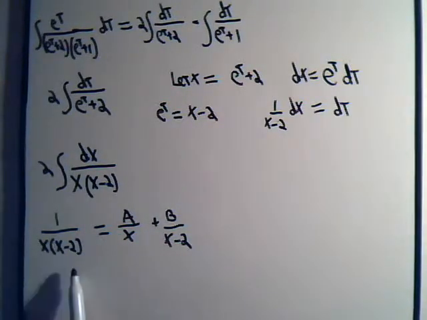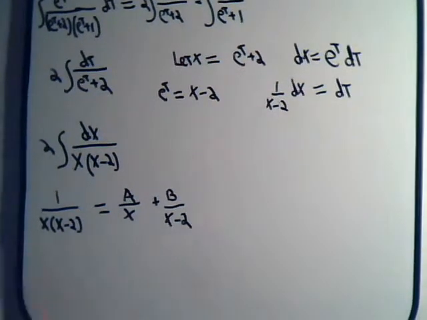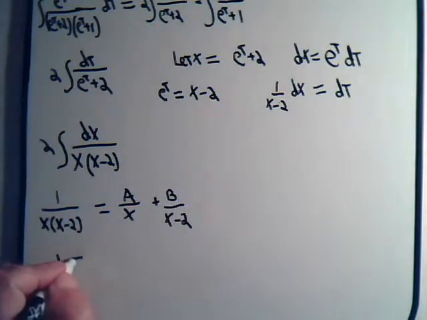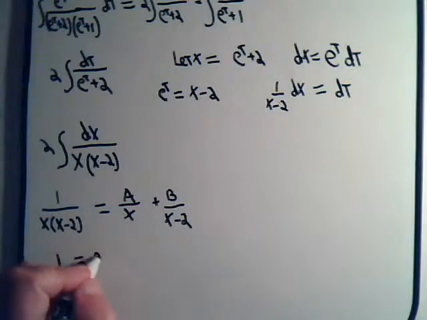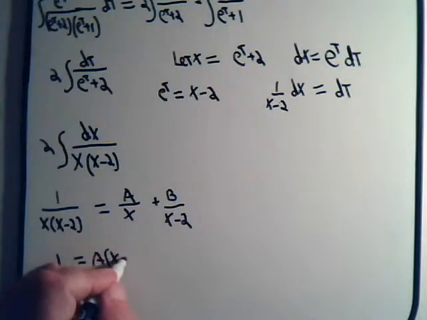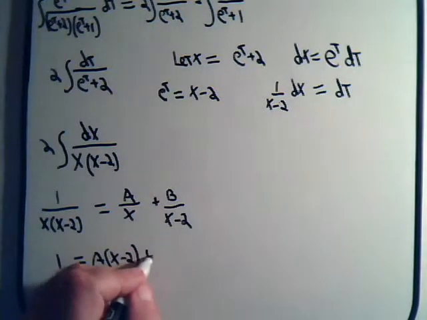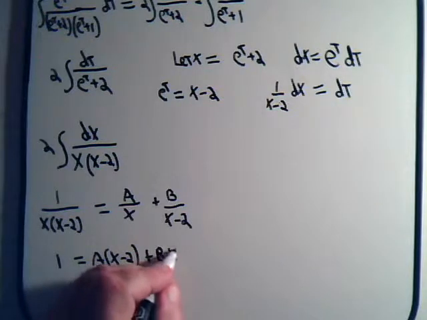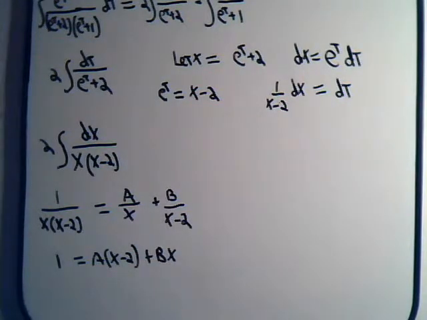We have 2 linear factors, both raised to the first power. Multiply across, and we're going to have 1 will equal a times x minus 2 plus b times x.